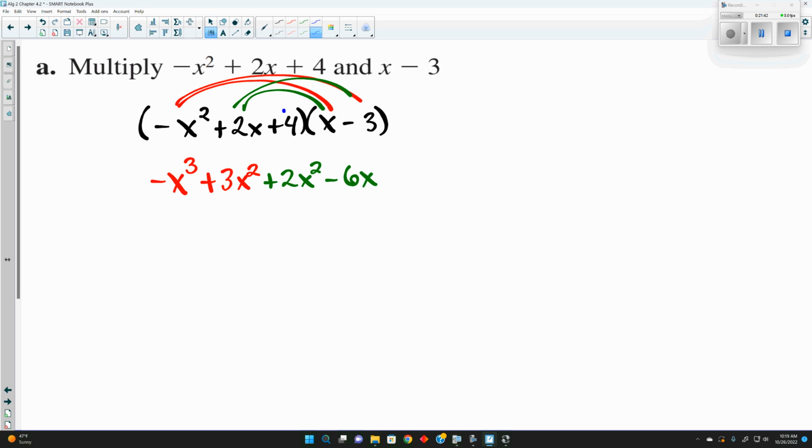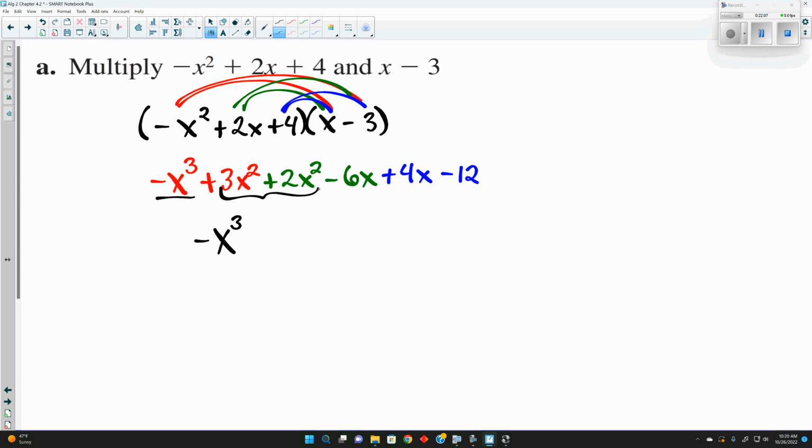And lastly, we're going to multiply with 4. 4 times x is going to be plus 4x. And 4 times negative 3 is negative 12. Combine like terms. Well, x to the third is by itself, so we have negative x to the third.